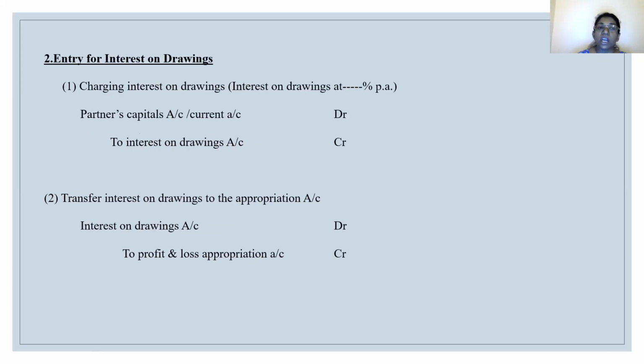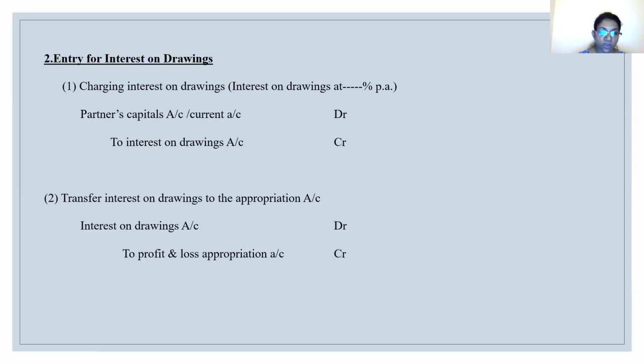So let's look at how we are going to record the drawings. Normally in the sole proprietorship, we are going to debit the drawings and we are going to credit the capital. But in the partnership, interest on drawings is charged at a percentage per annum basis, and we are going to debit the partner's current account and we are going to credit the interest on drawing account.